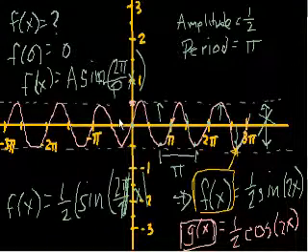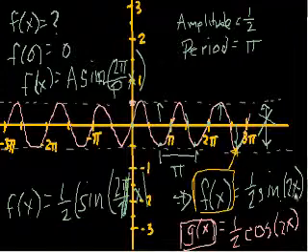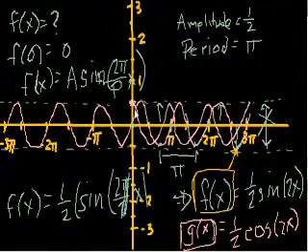And then, just like the sine function, we would have a period of pi, because it has the same coefficient here. So this will just look like this. I think you get the point. It's just like the sine function, but shifted to the left a bit.